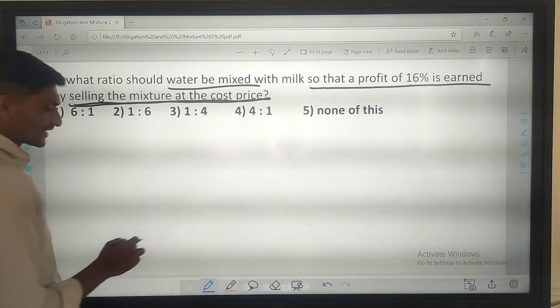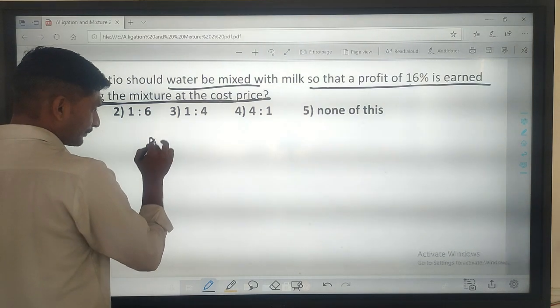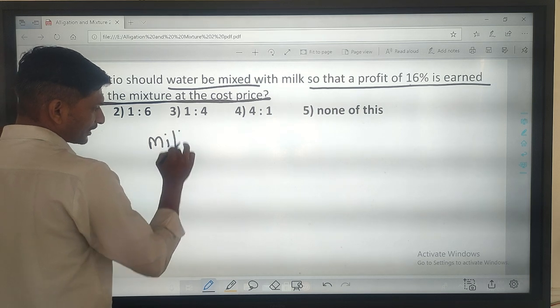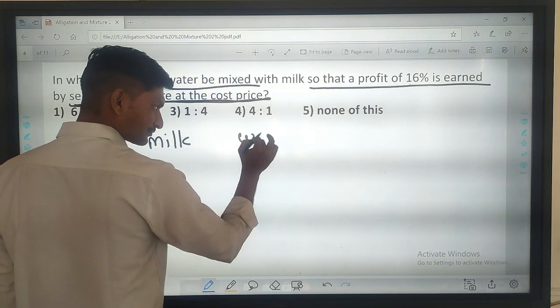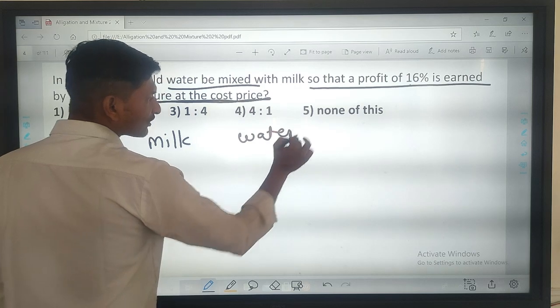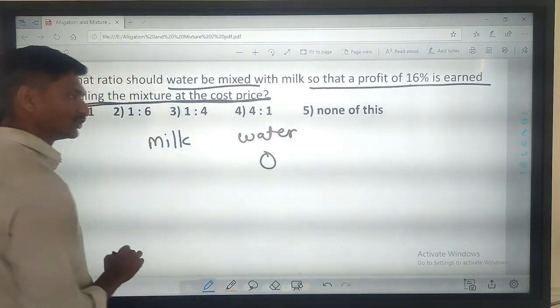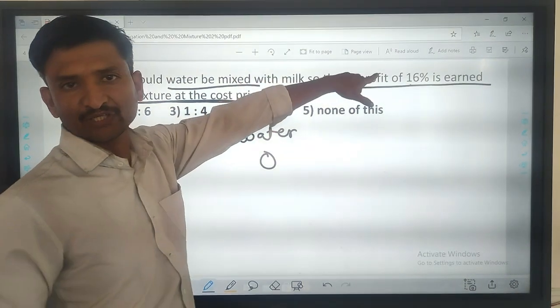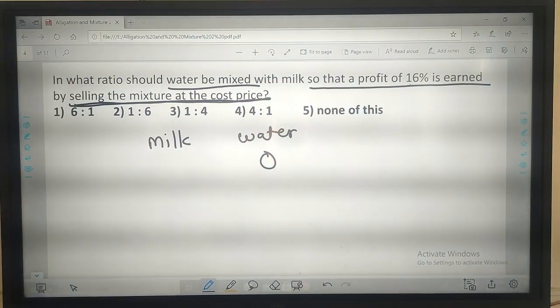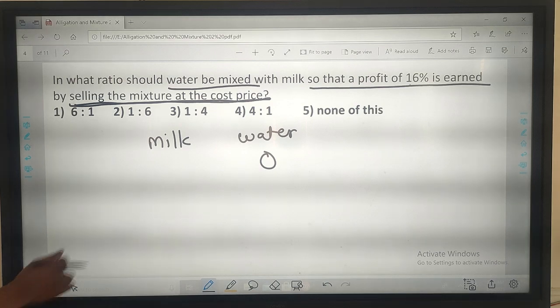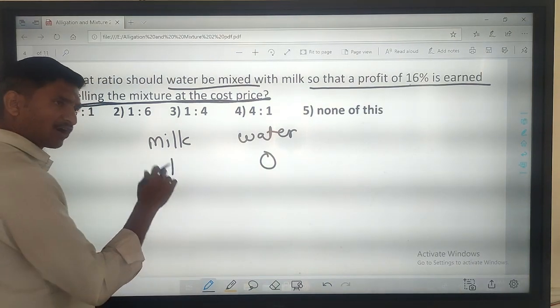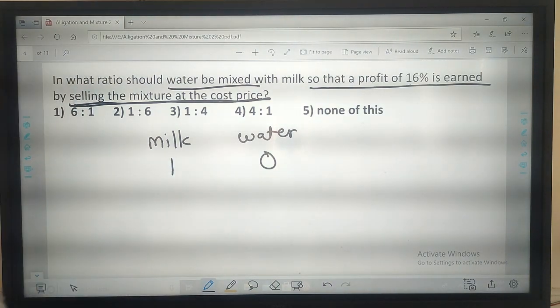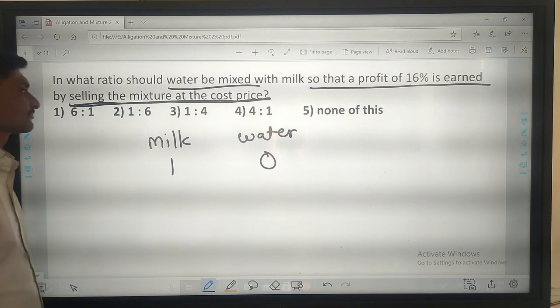Here we mix water and milk. The cost price of water is 0. Here the cost price of milk is not given, so we take 1, 10 or 100, any one of them.